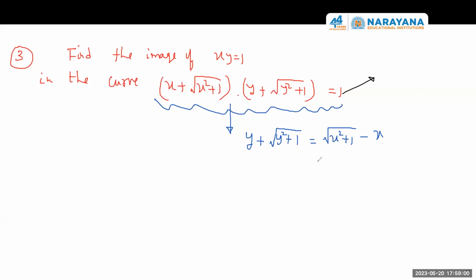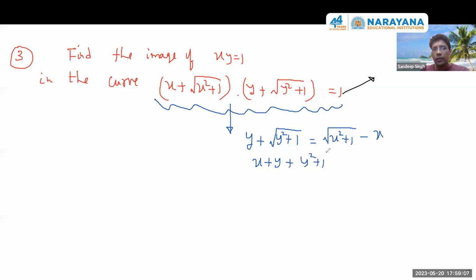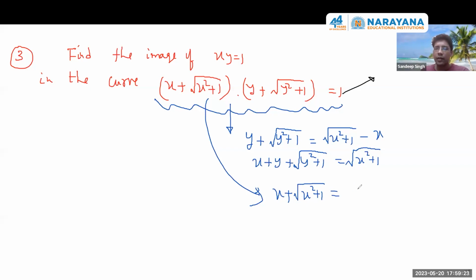So this will be x plus y plus root of y square plus 1 equal to root of x square plus 1. Similarly, if I start with LHS as it is and transfer the y term to the other side and rationalize in the similar manner, I will get this. Do you agree or not? And then again transfer y to the left side.